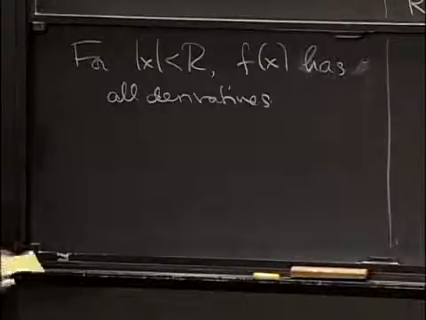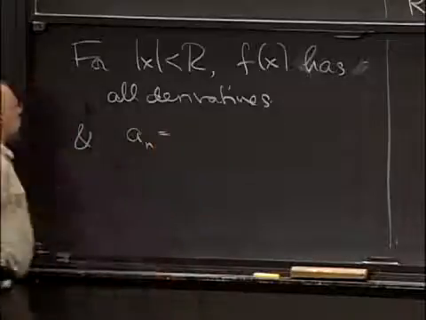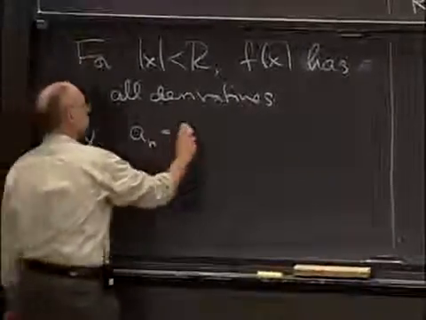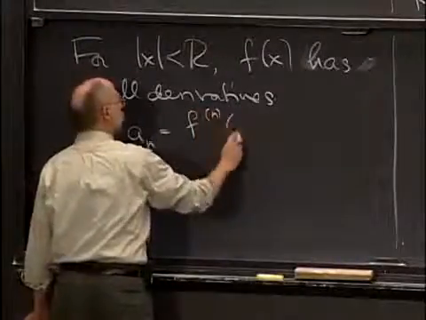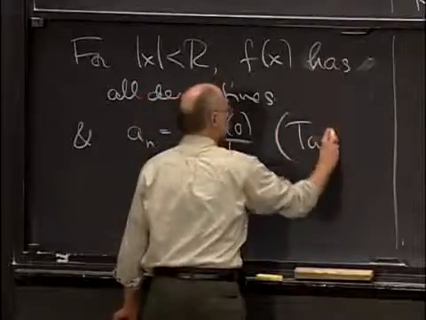And in terms of those derivatives, the number a sub n in the power series can be expressed in terms of the value of the derivative at 0. And this is called Taylor's formula.